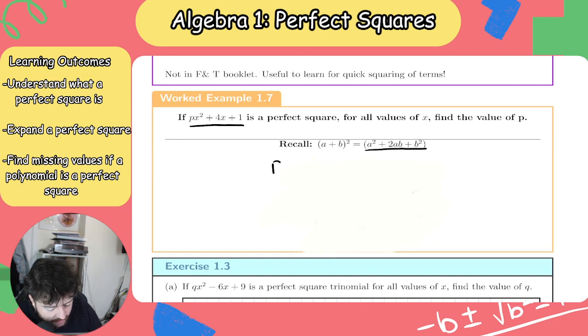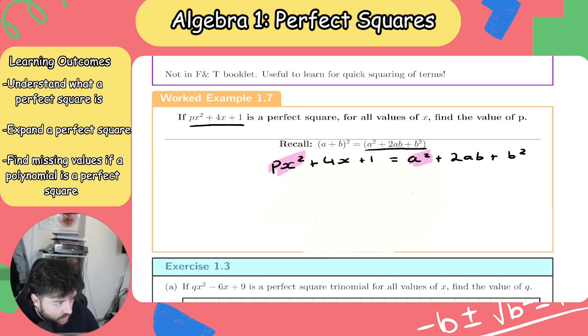So I have px squared plus 4x plus 1 equal to a squared plus 2ab plus b squared. Now I'm going to equate some terms here. I'm going to say this px squared is equal to a squared.